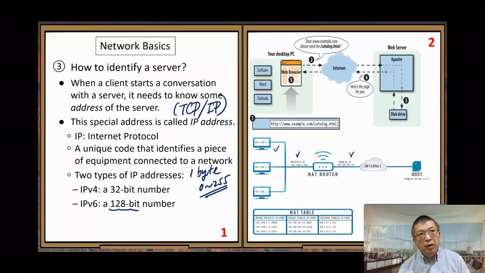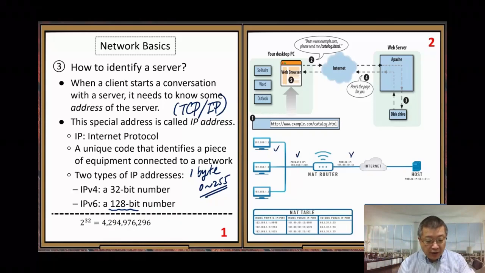Although the structure is much more complicated, I just give you some basic information about IPv6. You need to know just a little more information, but we will not go much deeper. We don't want to spend too much time on it.